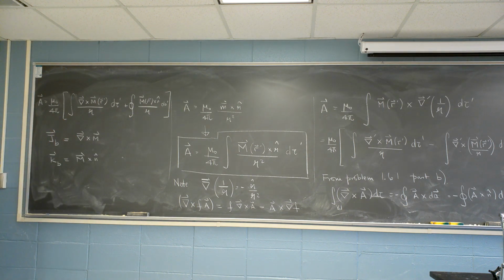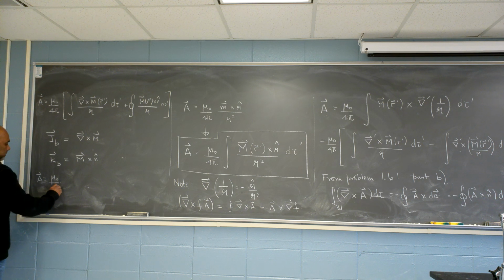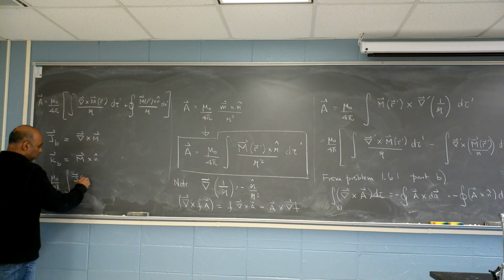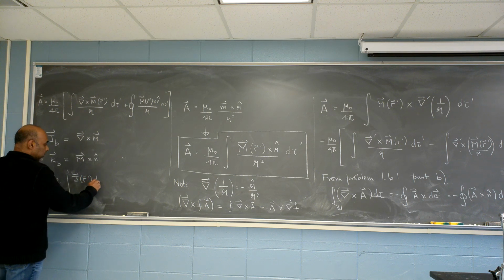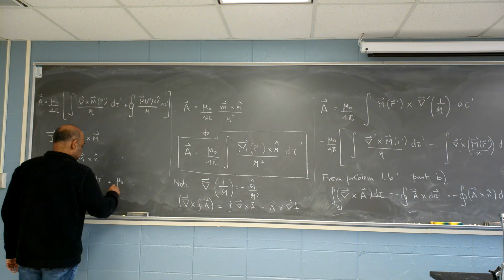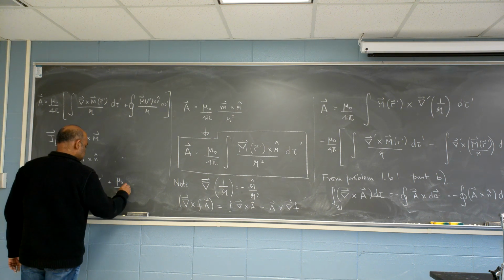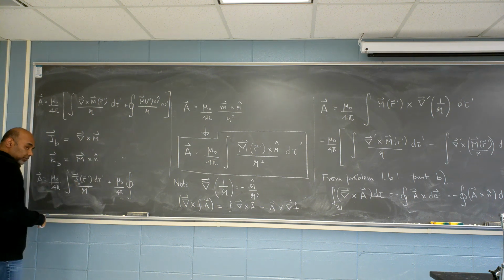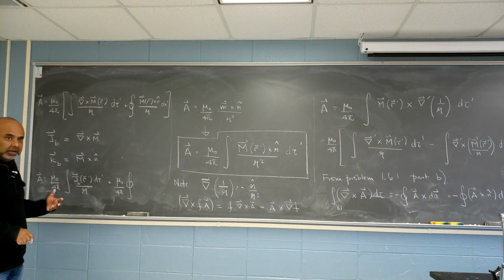So we have J of R prime, this is sources, d tau prime over R, plus these are bound, meaning not free currents.